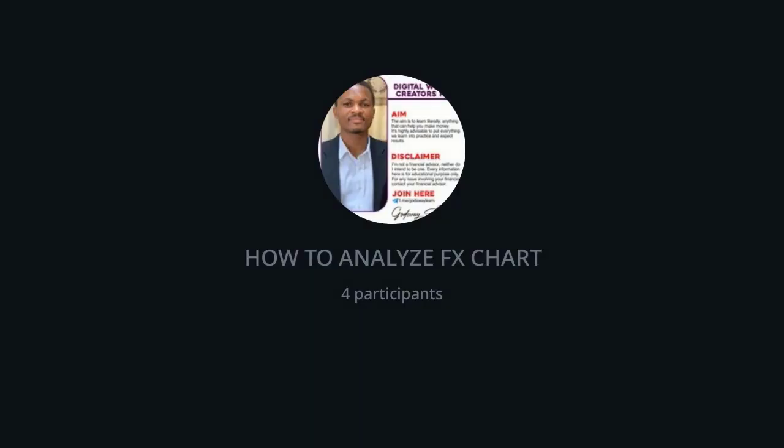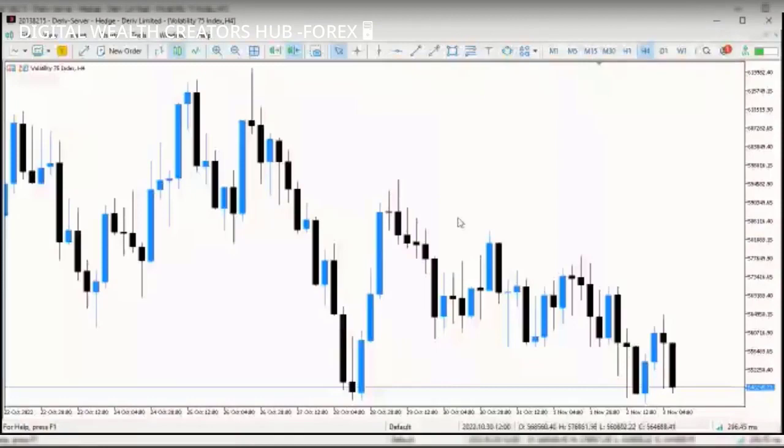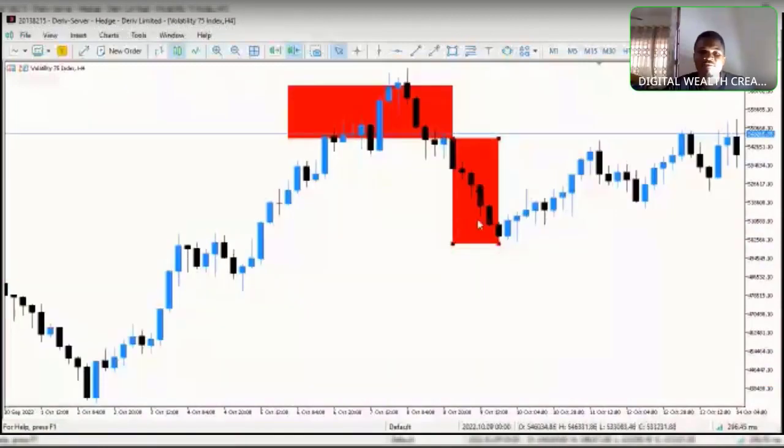So I'm going down to the 4-hour time frame now, and quickly let's locate. Good. So we have it over here. And note this candle from here to here formed the bullish part of the tweezer top, and the other candle from here to here formed the bearish part of the tweezer top.